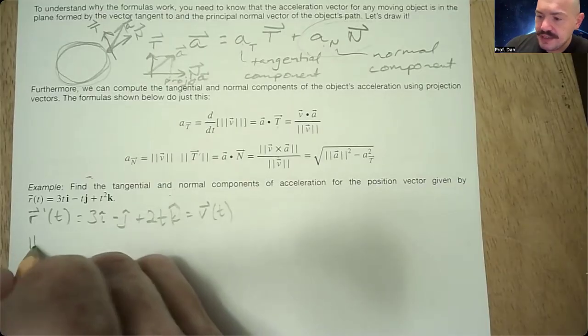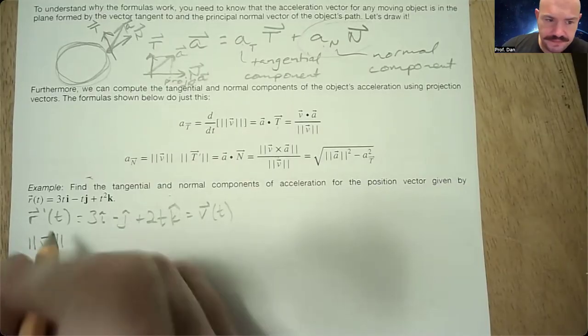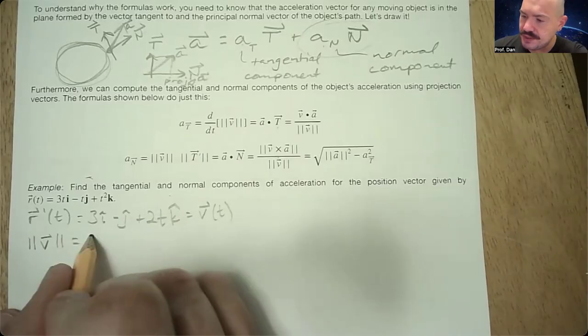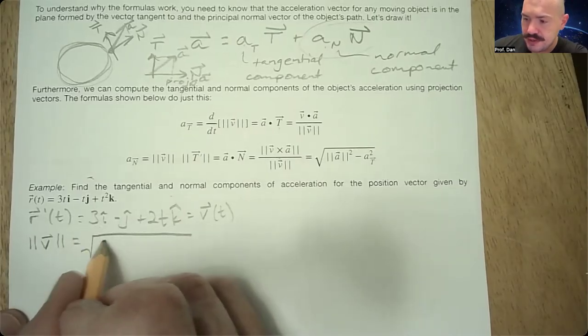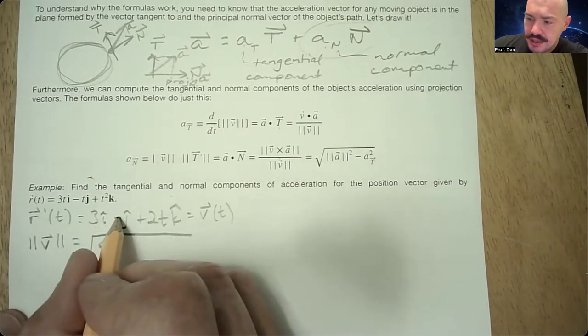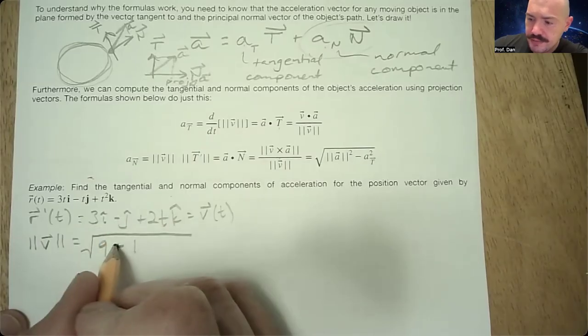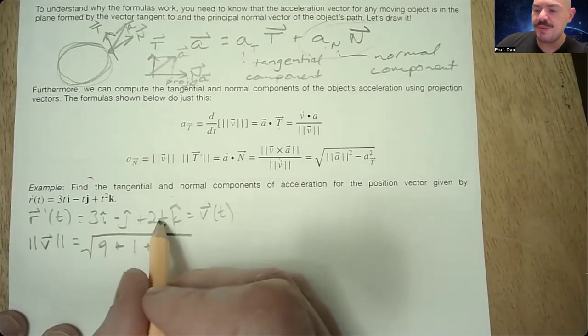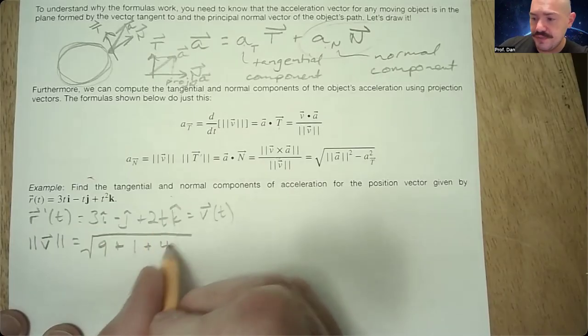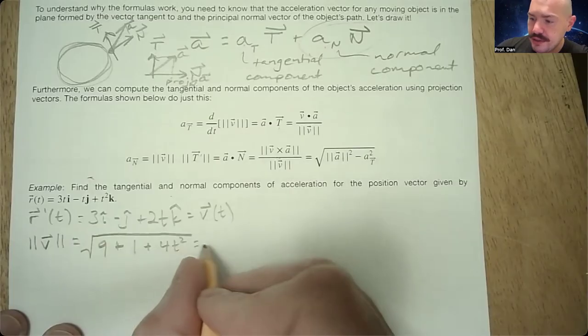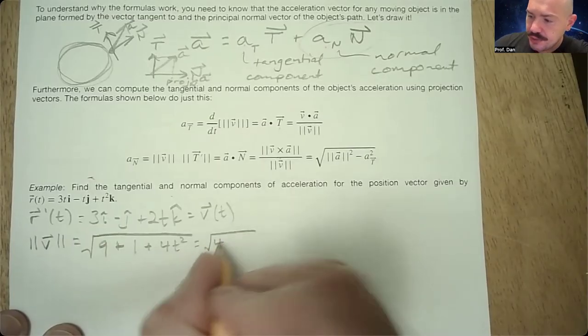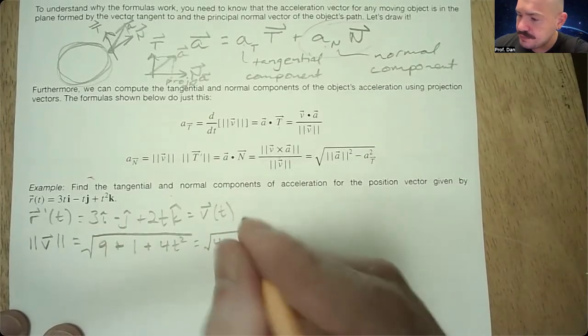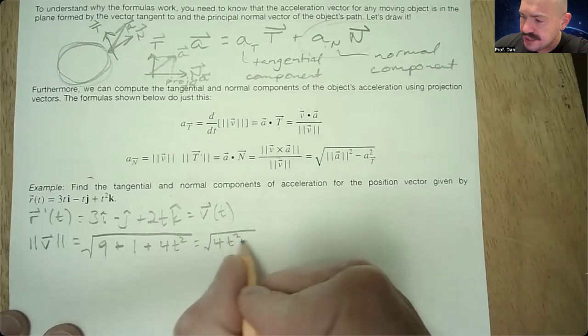If I find the magnitude of my velocity, we'll get the square root of 3 squared, that's 9. Negative 1 squared, that's 1. So 9 plus 1. And then 2t squared, remember both the 2 and the t are squared, so we get 4t squared. Altogether, that gives me the square root of 4t squared plus 10.